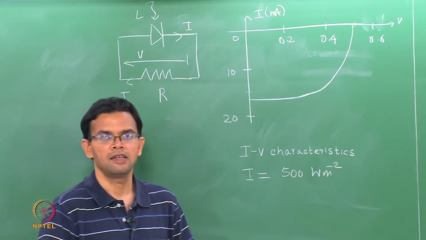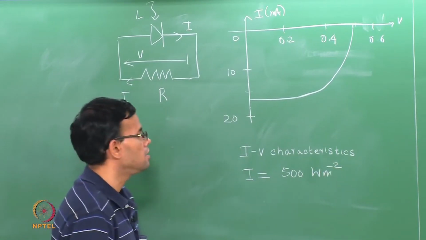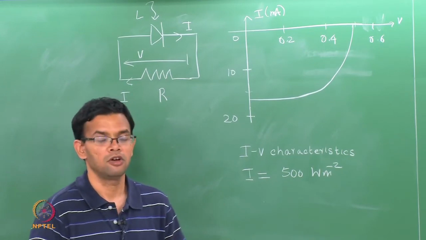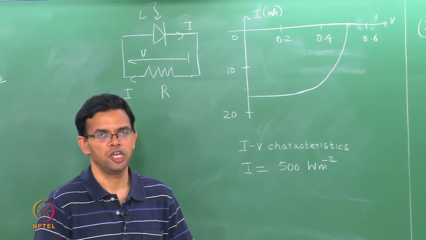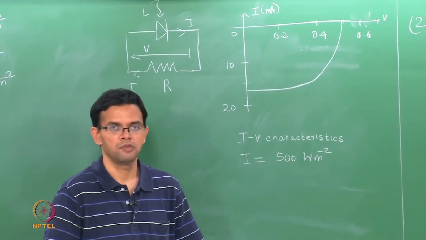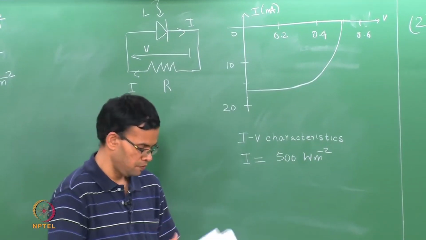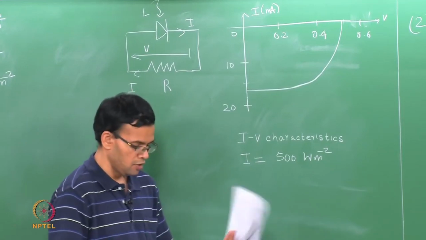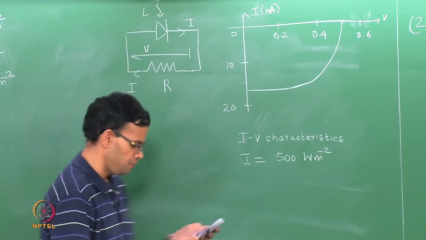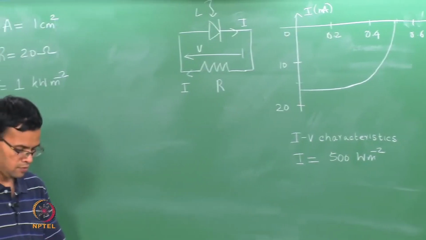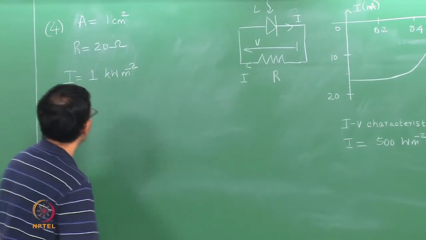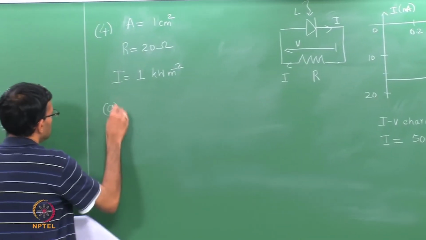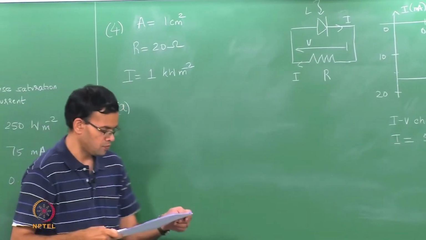So, we are asked to calculate the current for a particular voltage or the voltage for a particular current when the illumination is now changed to 1000 watts per meter square. So, we can go to the problem. So, let us go to part A.